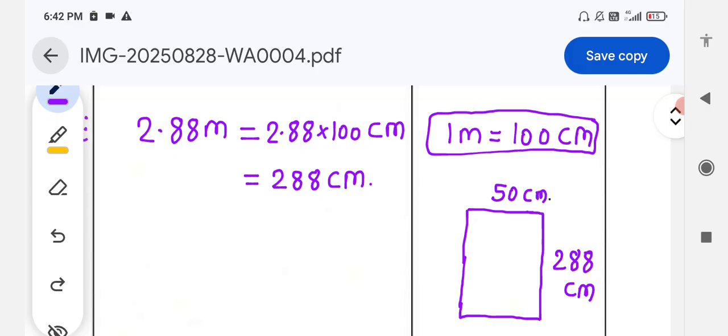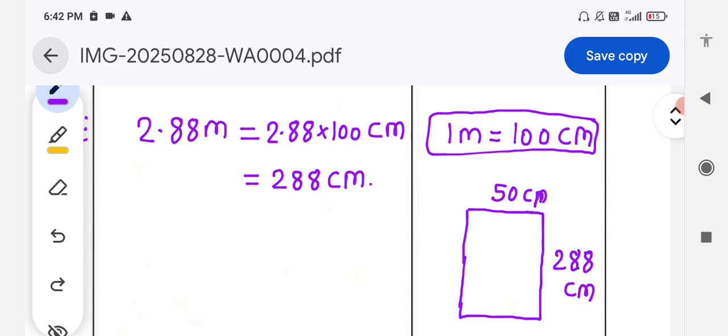If you observe here, I constructed this wall in the shape of a rectangle. Why? Because clearly 288 is not equal to 50. If it is a square, the sides should be equal. Since they are not equal, I'm taking it in the shape of a rectangle.